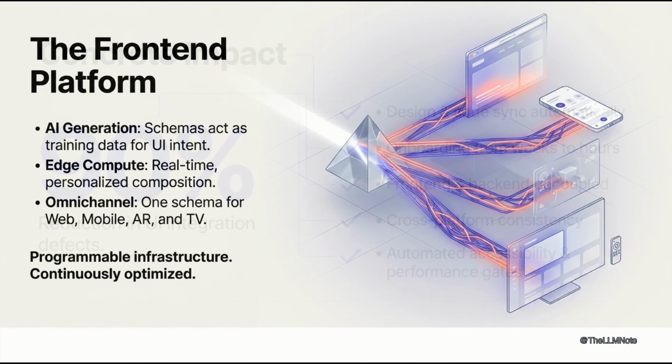But here's where it gets interesting: the front-end platform. Contract schemas become training data for UI-specialized AI models that suggest and generate components from intent. Edge compute dynamically composes personalized interfaces in real time per user context. A single schema targets every surface, web, mobile, AR, TV, without rewriting UI logic.